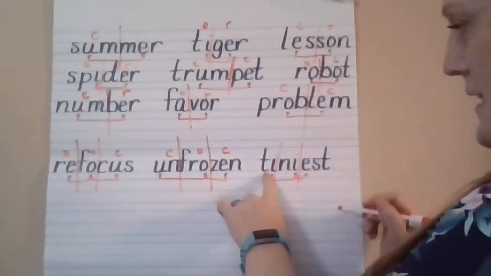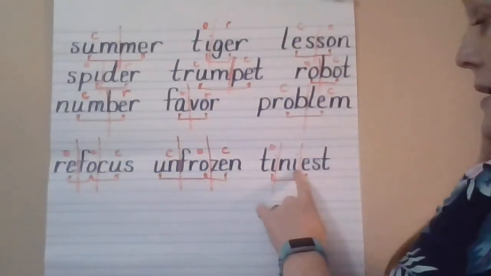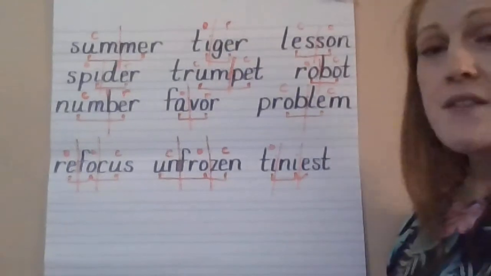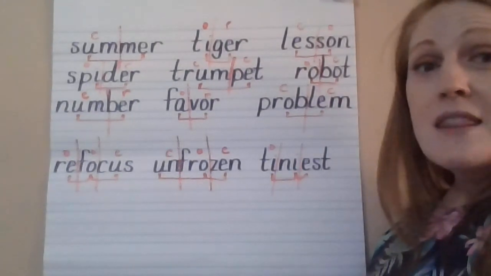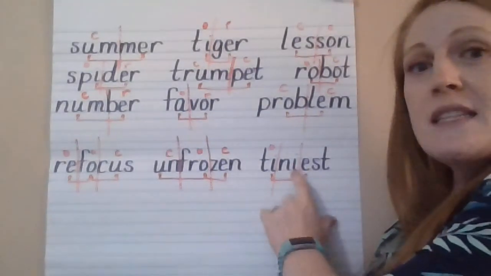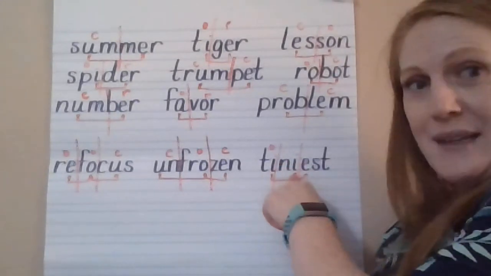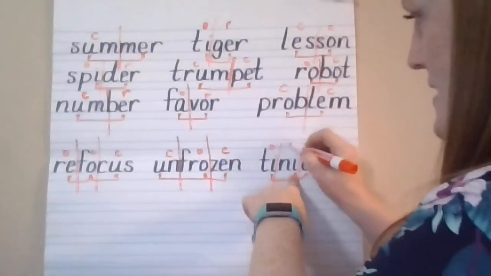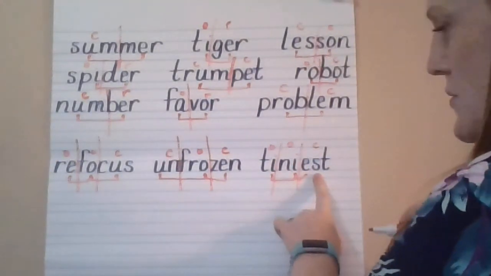We know that this syllable, TI, is going to be an open syllable. This is part of the base word. The base word here was tiny. The I, we changed the Y to an I before we added our suffix. What did the Y say that was right here? It said E. Okay, so this is not going to say I, it's going to say E. And this syllable is closed.